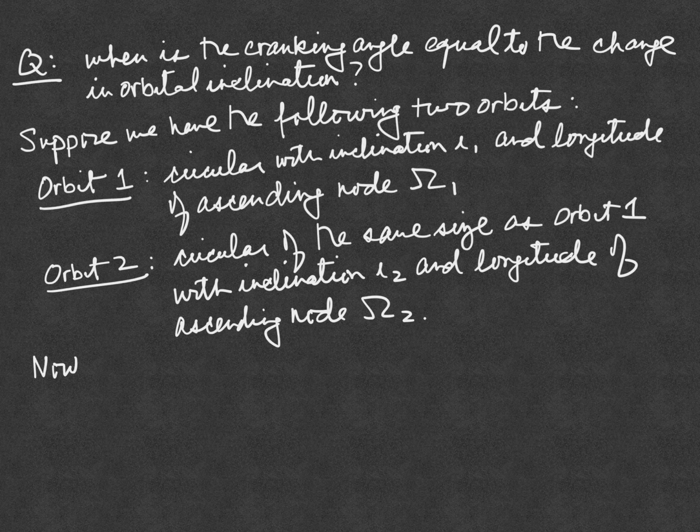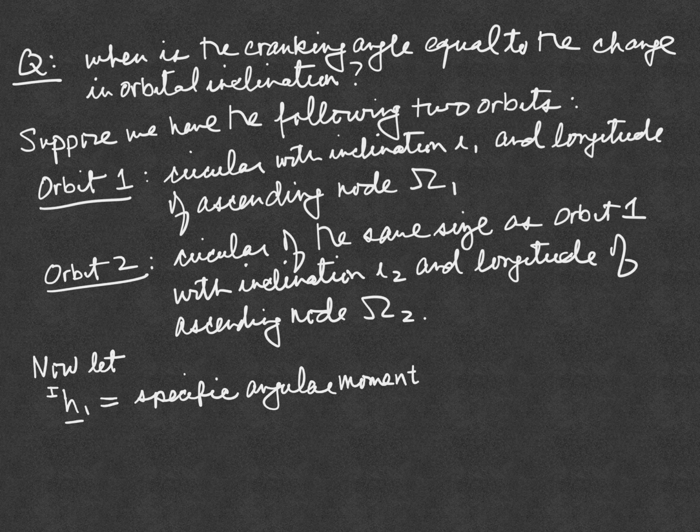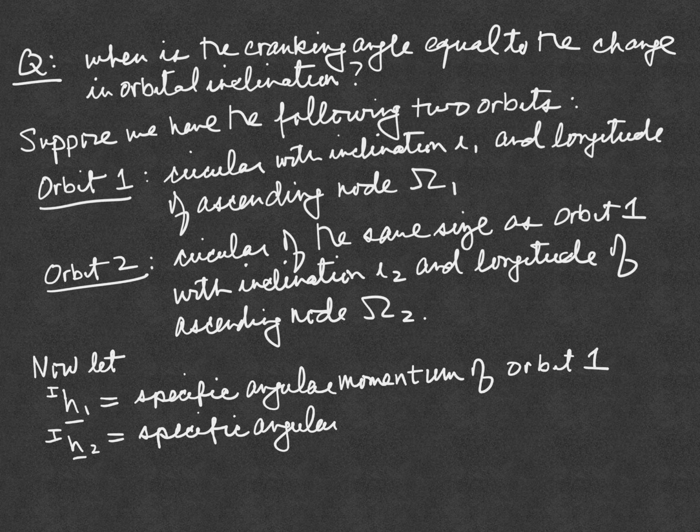So now let h1i equal the specific angular momentum of orbit 1, and let h2i equal the specific angular momentum of orbit 2.